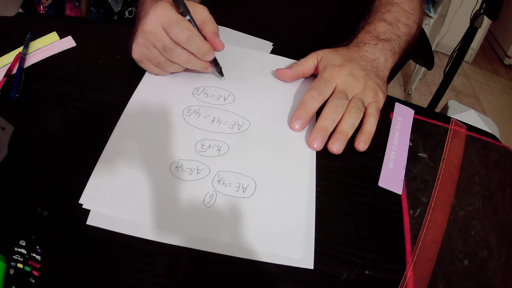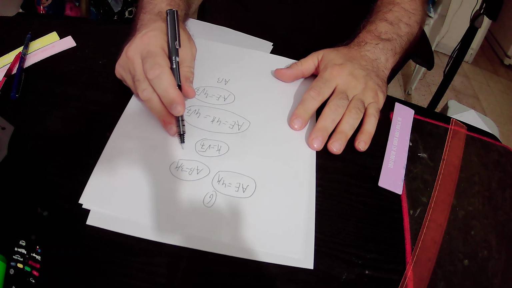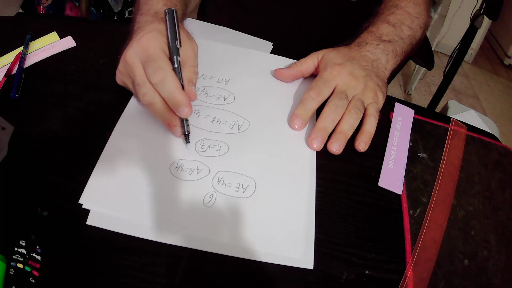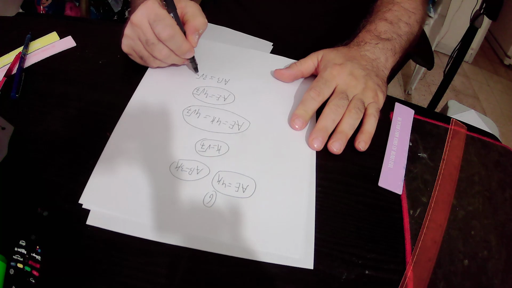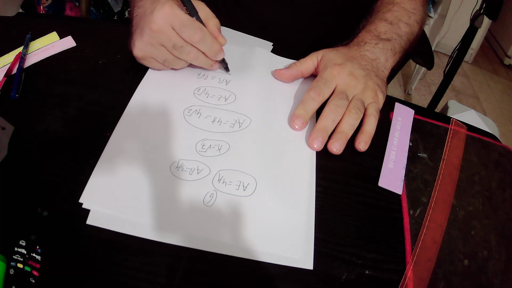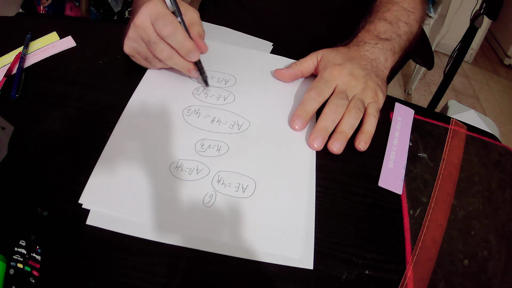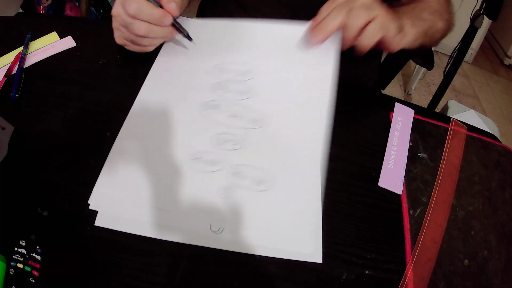And AB equals 3K, which will be equal to 3 times root 7, because K equals root 7. So we found out that AE equals 4 times root 7 units, and AB equals 3 times root 7 units.